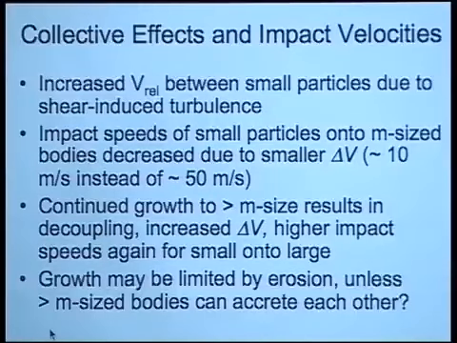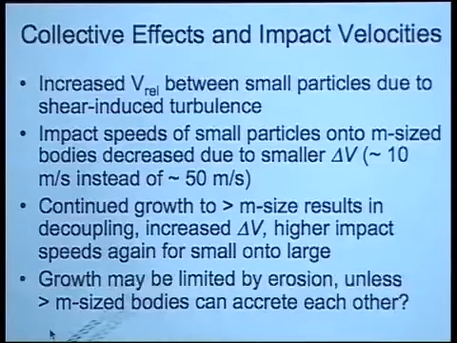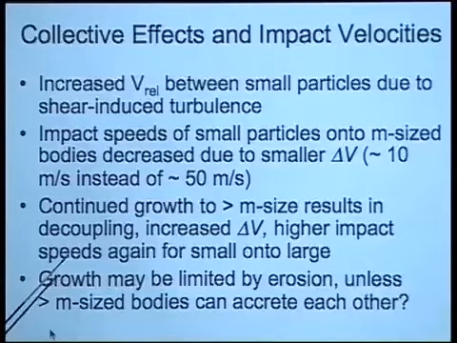The smaller particles are impacting onto the big ones, the meter-sized bodies, but instead of about 50 meters per second, which would be your individual particle relative velocities, the fact that the gas has been dragged along by the bigger particles means that the delta V, the deviation from the Kepler velocity, is much smaller. It cuts that down by about a factor of 5.